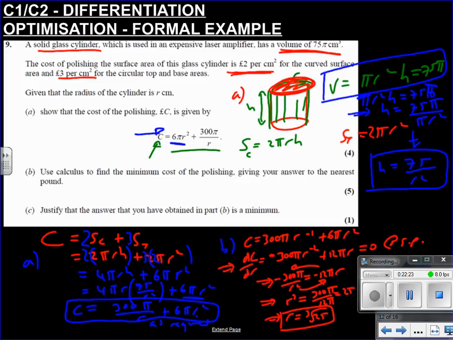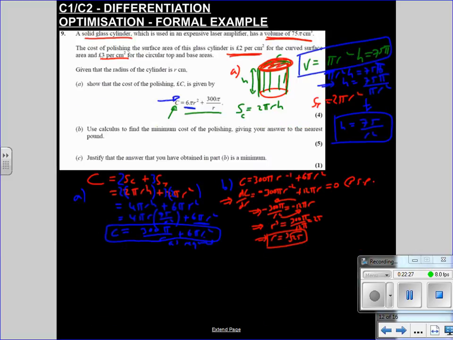So find the minimum cost, given your answer to the nearest pound. So cost minimum equals 300 pi over cube root 25, putting it into here, plus 6 pi times cube root 25 all squared.